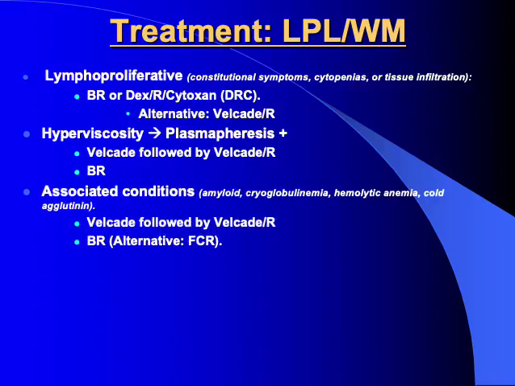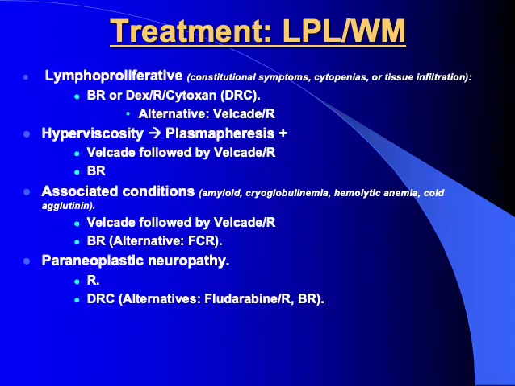Also, the treatment could be directed to associated conditions like amyloidosis, cryoglobulinemia, hemolytic anemia, or cold agglutinin. Remember, this is an IgM disease. Treatment of choice is Velcade, which is a non-chemotherapy drug, with rituximab, or even chemotherapy with rituximab.